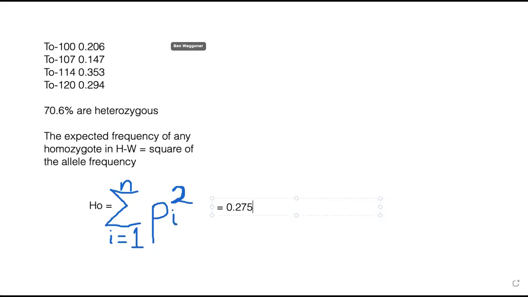So if this population of deep sea starfish is in Hardy-Weinberg, we would expect the frequency of homozygotes to be 0.275. Well, what's the frequency of heterozygotes?